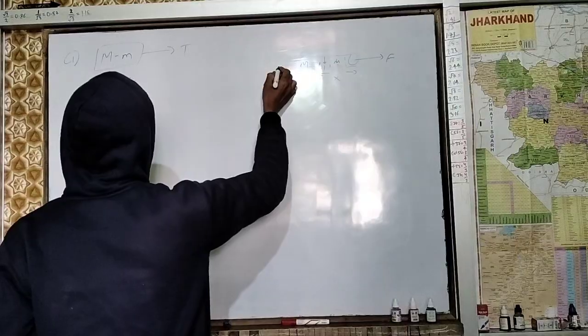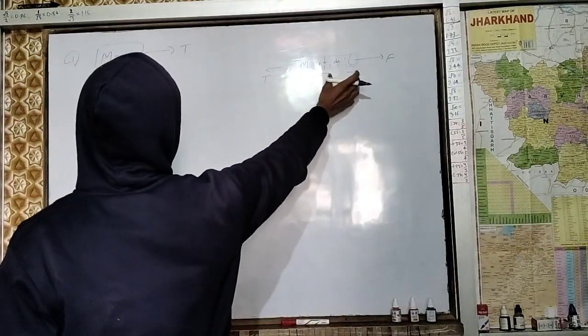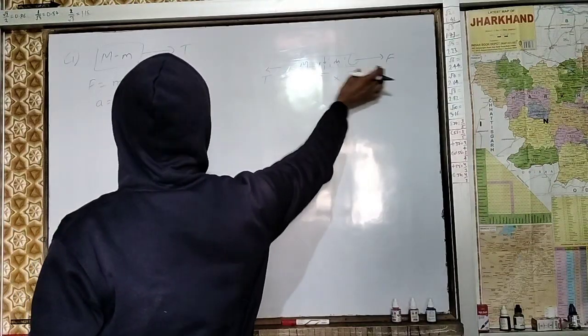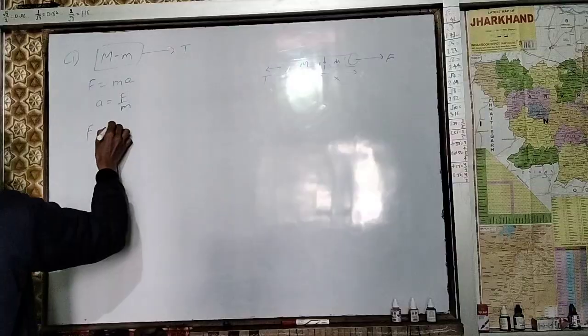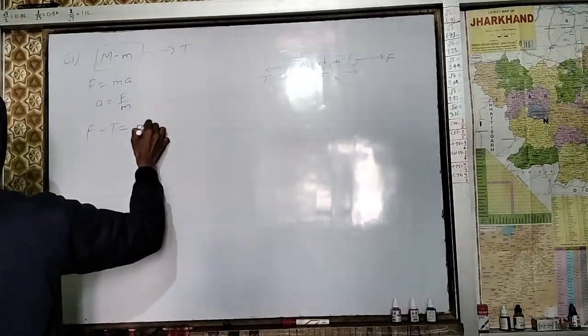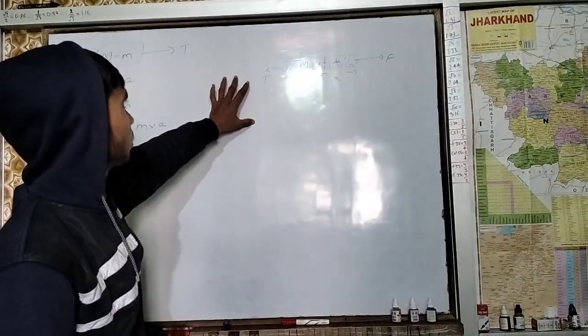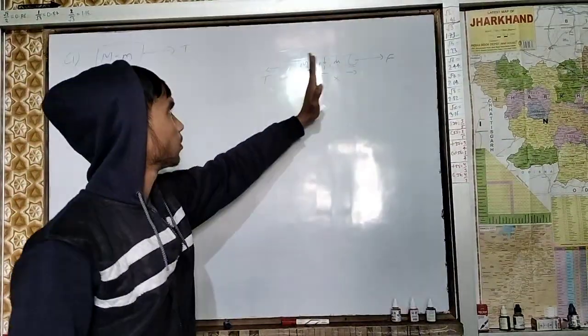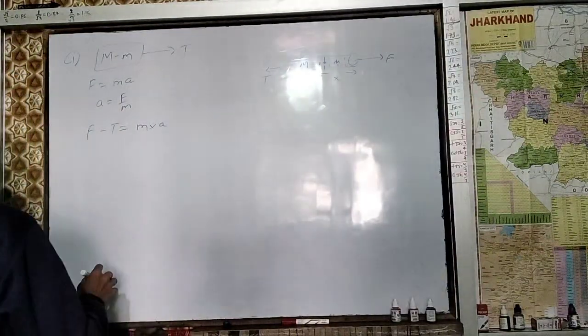Your tension would be in this direction, isn't it? From this small part, F minus T will be equal to m times a, the net force.